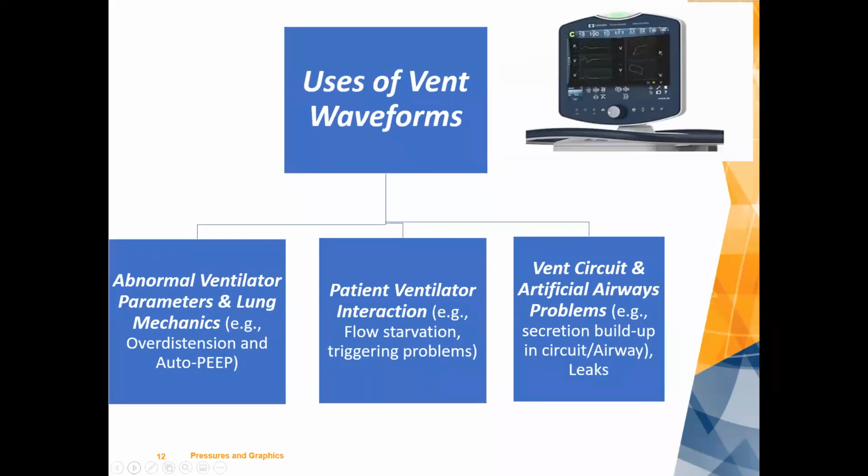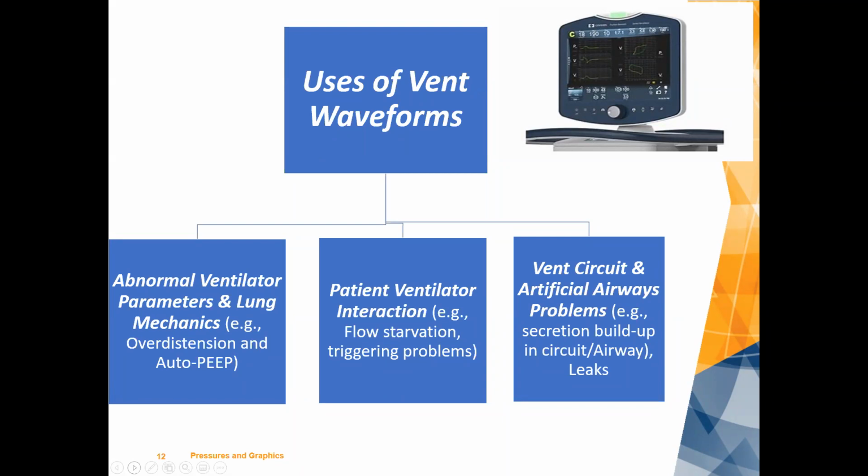So the uses of the waveforms are many. Obviously, we don't have the time to go into each and every one in great detail today, but broadly speaking, you can look at 3 major categories of value that waveforms can provide to patient care, particularly with your mechanically ventilated group. Abnormal ventilator parameters and lung mechanics could be one, things like over distension and auto-PEEP.